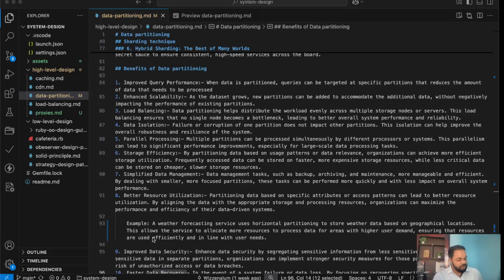And the next one is skewed data. Skewed partitions, skewed data. If you choose a partition key in such a way that your partitions are going to become uneven, that can happen in two ways.